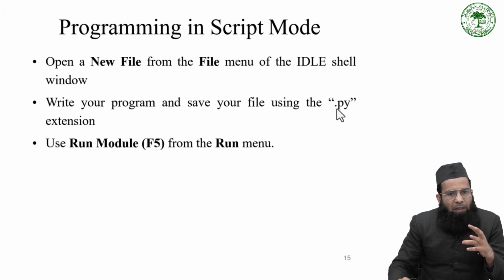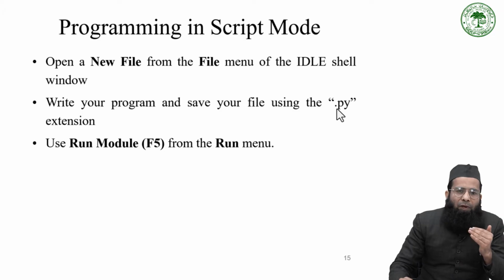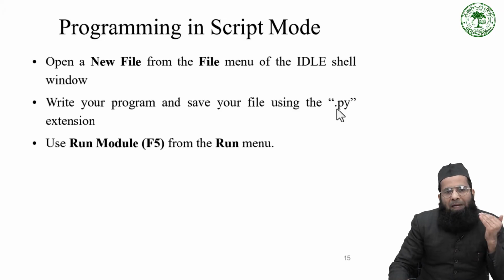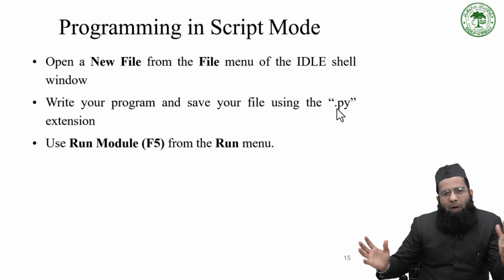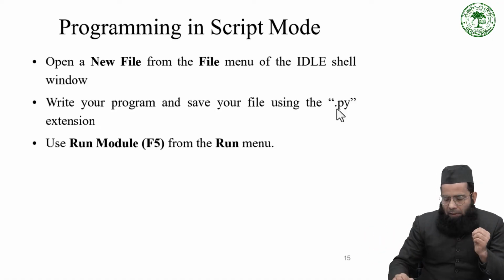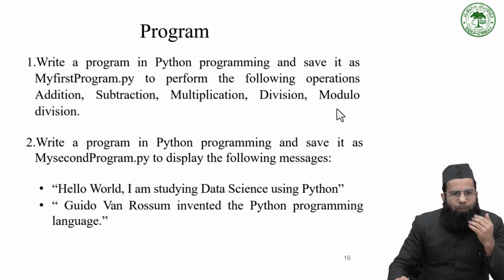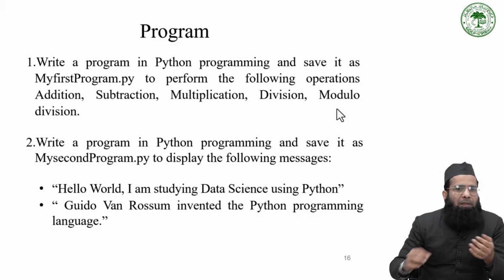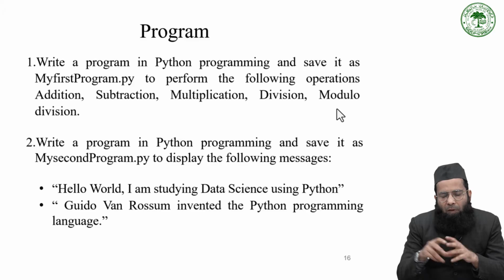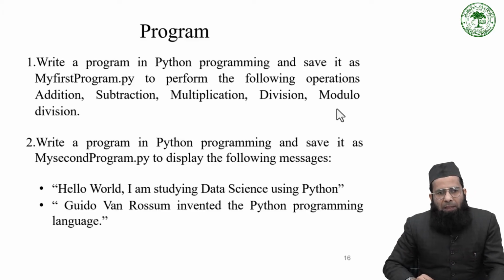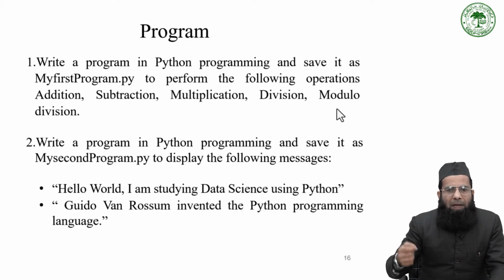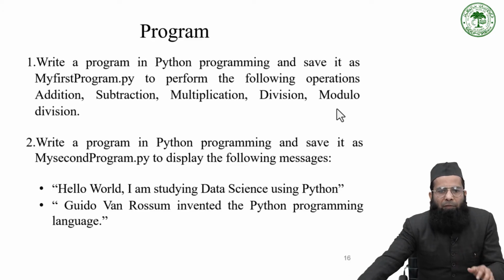So in a separate file you write the whole code, instead of writing on the Python shell one by one. That is the beauty of IDLE. Here I have mentioned two programs that you can write in Python. Now let me come to IDLE, and I will show you how you can write a separate program in a separate file.